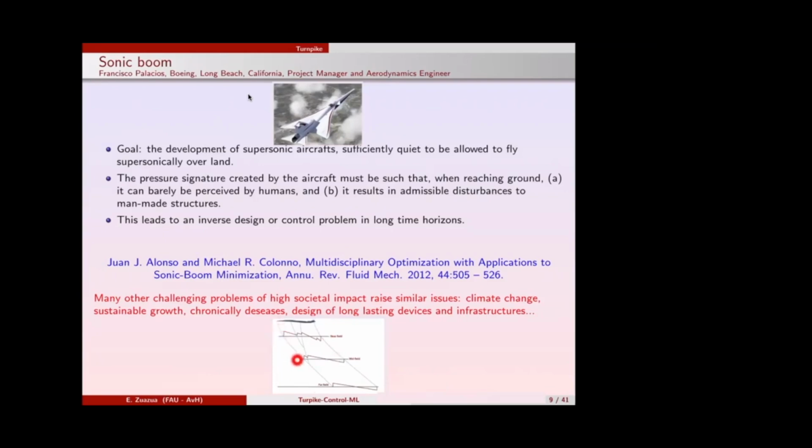It takes some time to get to the ground, but when it does, it is not admissible when you are traveling over populated areas. So then there are two possibilities.